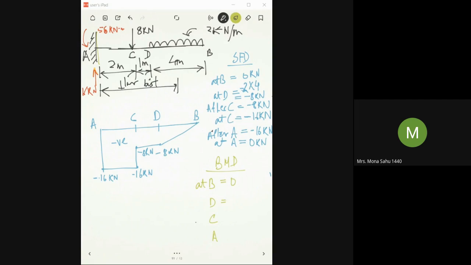At D, it's going to be 2 multiplied by 4 minus, you're calculating with respect to point D, so multiplied by 2. So it's going to be 16.